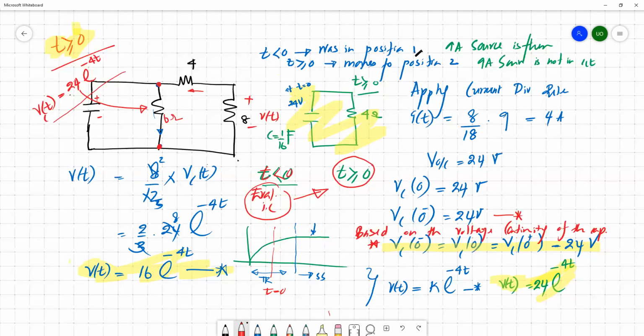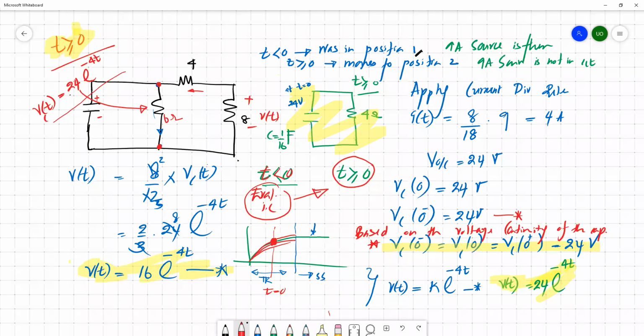So then you have to keep the capacitors and inductors as they are and find the response. Find the response means this equation. So it would be a kind of function. Then just substitute t equals 0 into that function and get the value at this point.